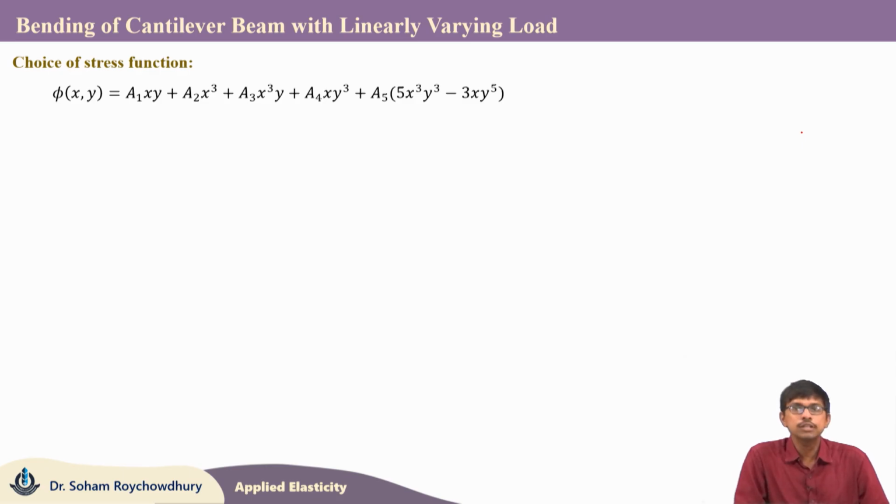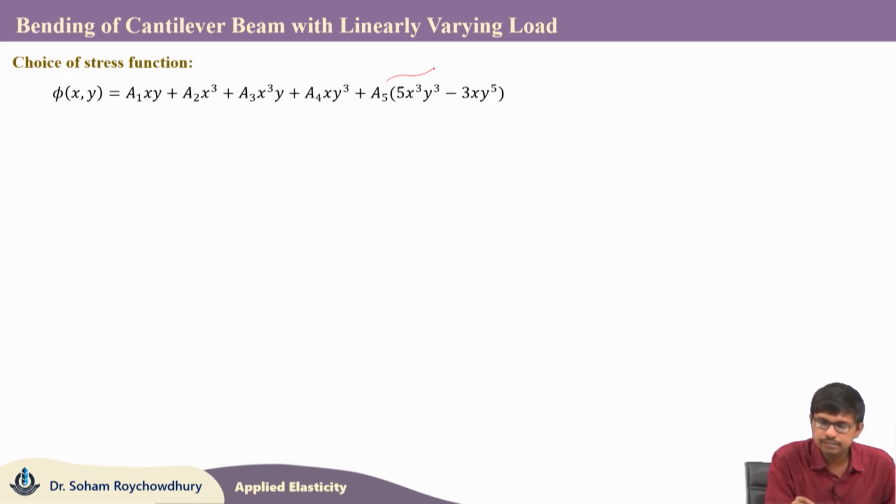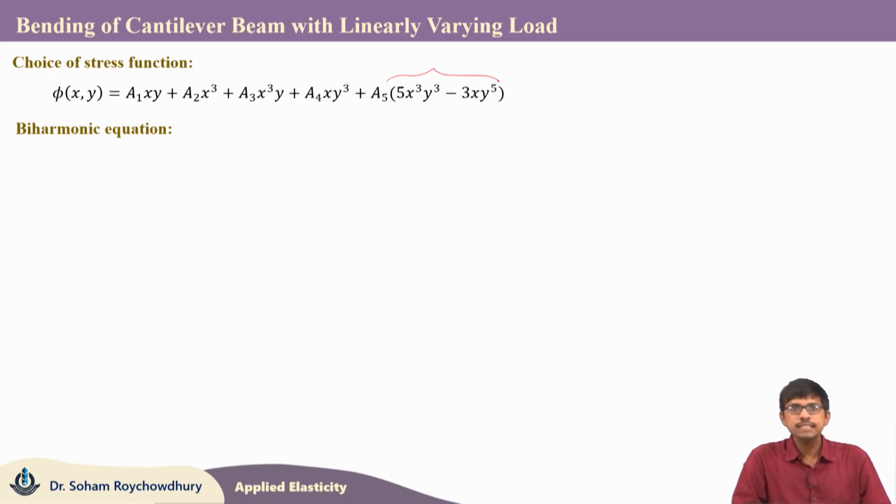So, the only non-zero terms present in phi are a1 x y plus a2 x cube plus a3 x cube y plus a4 x y cube plus a5 times (5 x cube y cube minus 3 x y to the power 5). You can note that these are the 6th order terms. Now, this must satisfy the biharmonic equation.